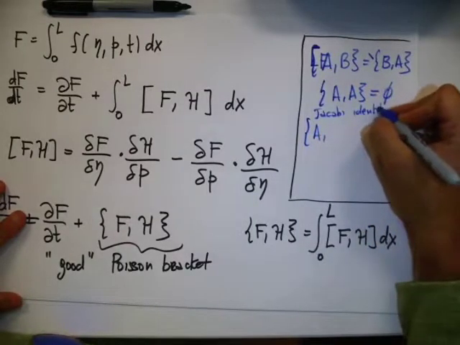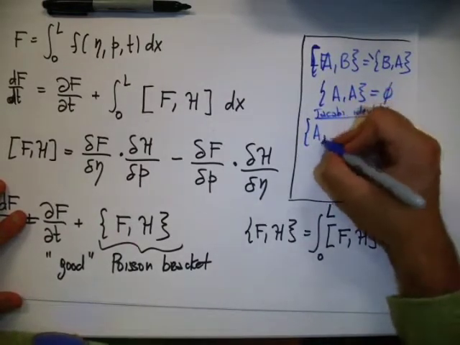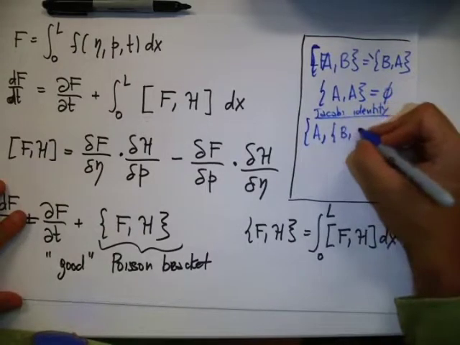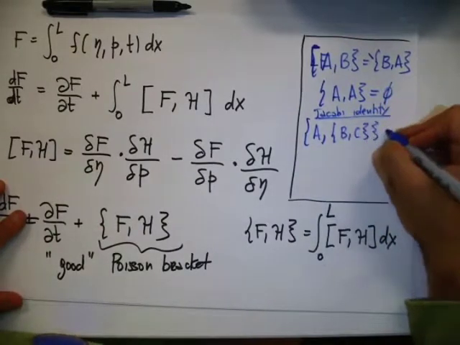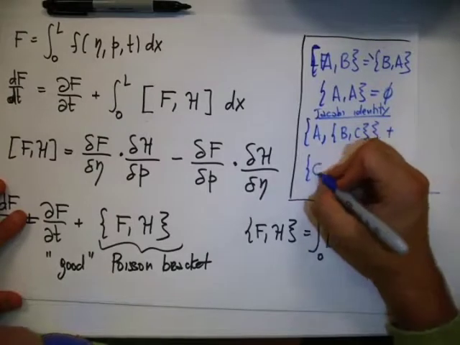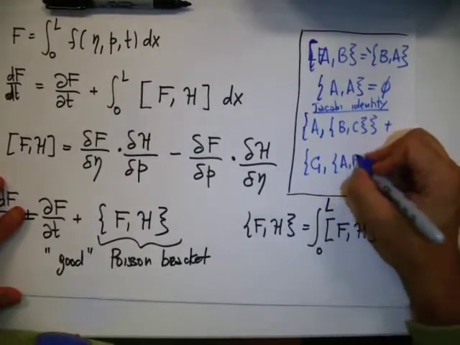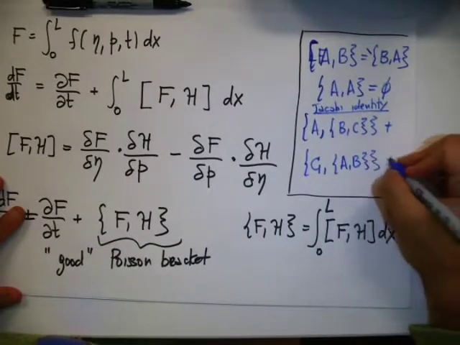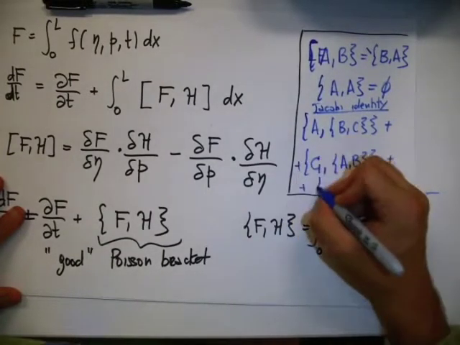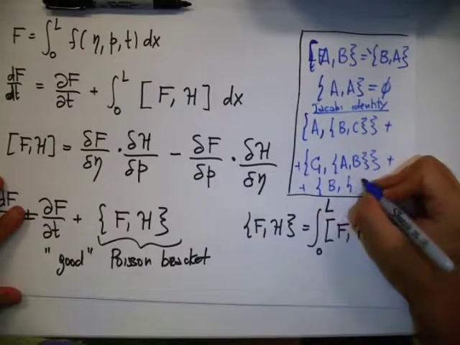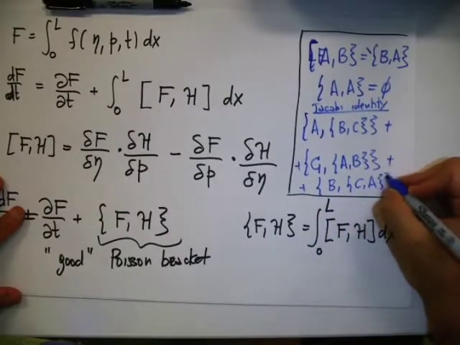Okay, A comma B C, plus C comma A B, plus B comma C A is equal to 0.